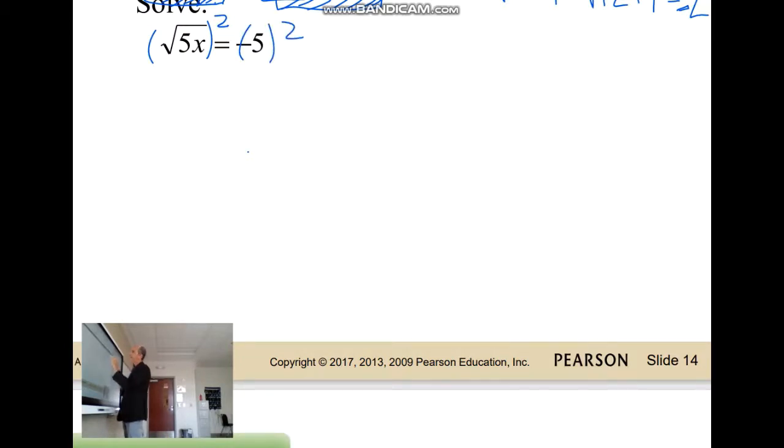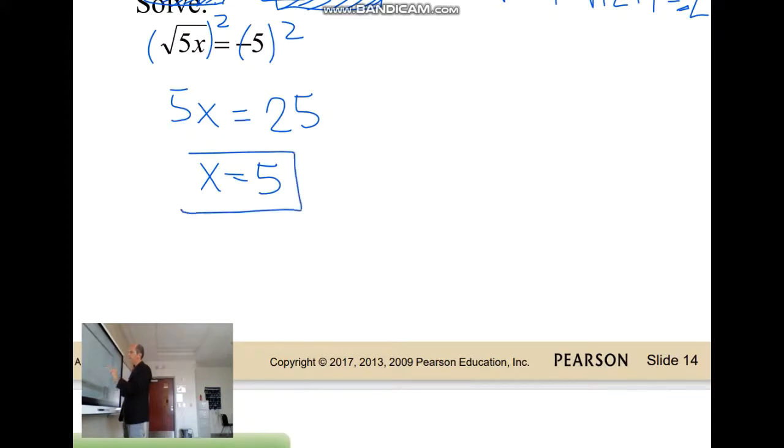The square root of 5x squared is going to be 5x, and negative 5 squared is 25. Then divide both sides by 5, x equals 5. But when we substitute, and this is really important, substitute the possible solution we found into the original equation.